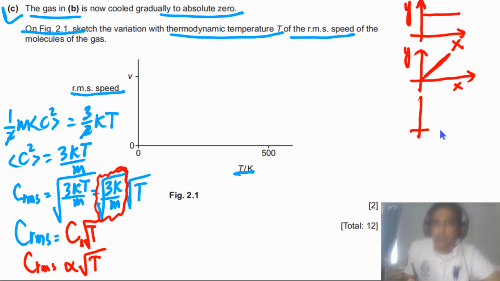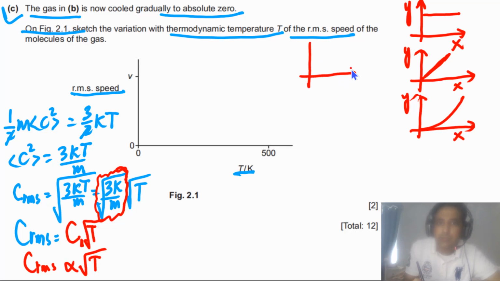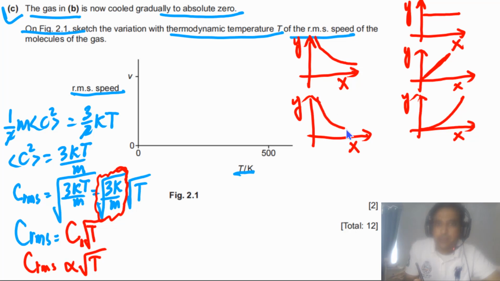It is also possible you will see this shape of graph, and this kind of graph, and this kind of graph, very steep one. This is less steep and this one is much steeper.